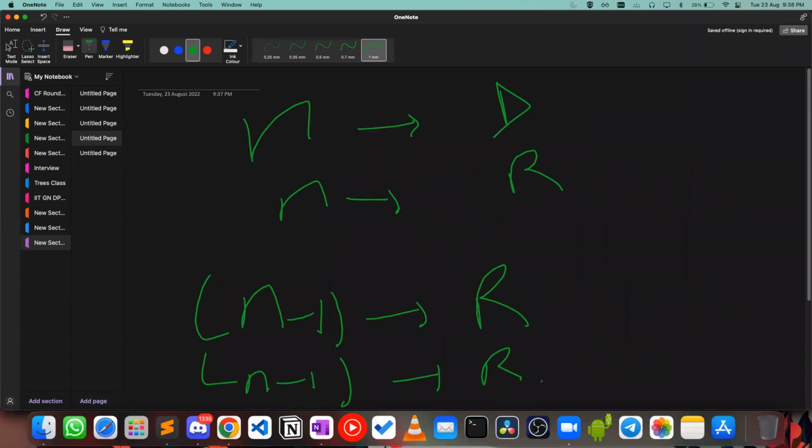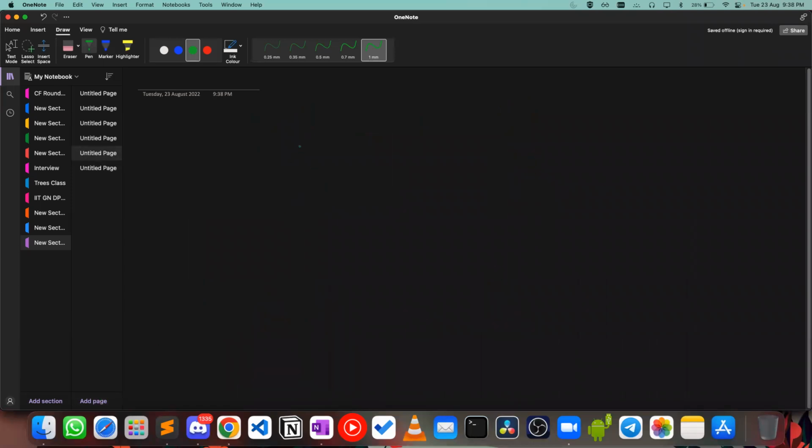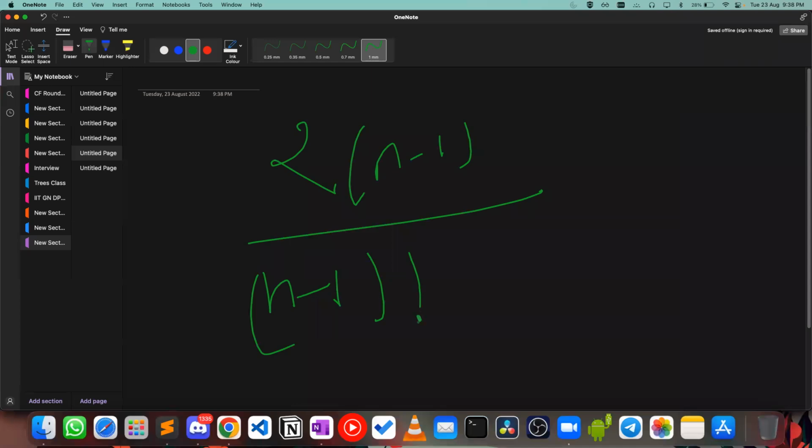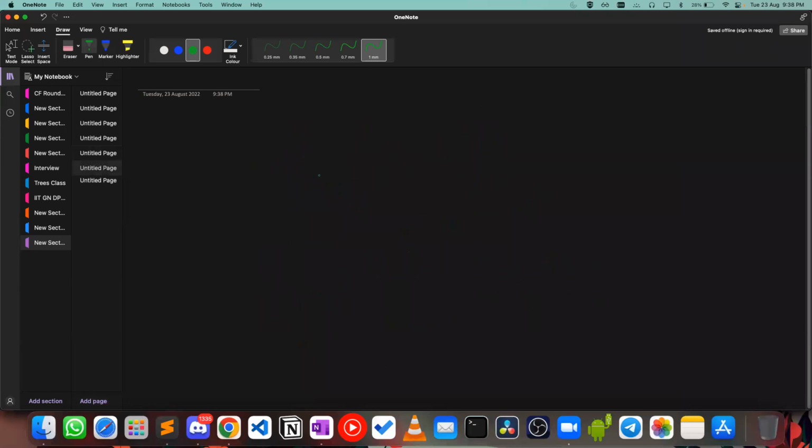You have n minus 1 R steps and n minus 1 D steps. So what will be the number of ways to do this now? It will be twice of n minus 1 factorial, divided by n minus 1 factorial into n minus 1 factorial. Is it not the same as combination of 2n minus 2, n minus 1?